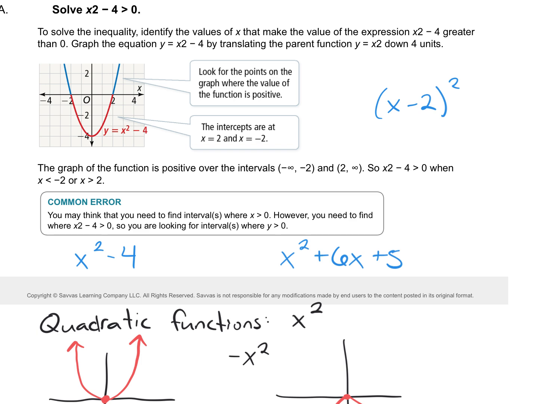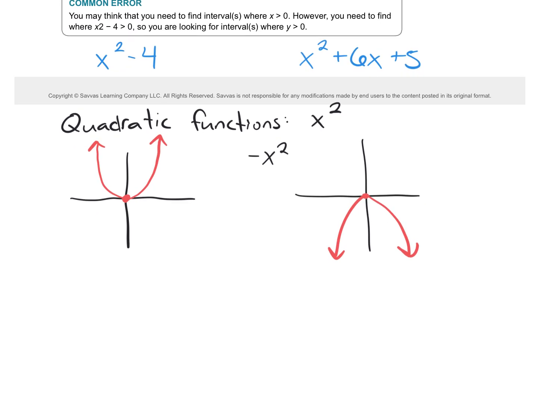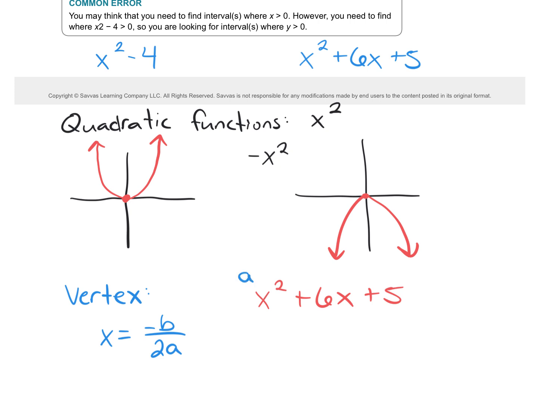If it was written in a form where it looks like x squared plus 6x plus 5, okay, we would do a totally different route. I want you to write this formula down. Say vertex. You're going to get that by x equals -b over 2a. Now, for example, I'm going to use that example I wrote up there. If I have x squared plus 6x plus 5, to get those a, b, and c values, this is your a, this is your b, this is your c.